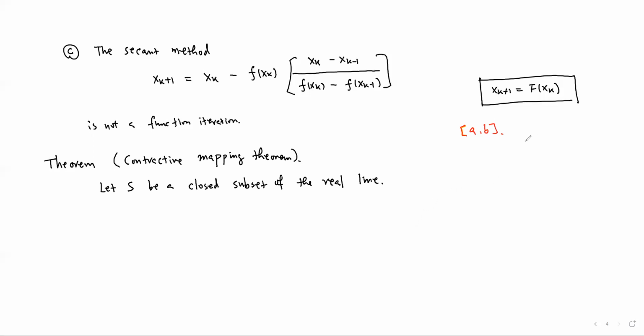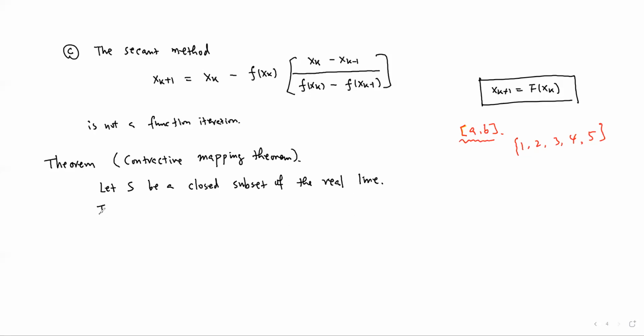In another example, say 1, 2, 3, 4, 5, these 5 numbers together, the set is a closed subset of the real line. Usually, here S means a closed interval. Let S be a closed subset of the real line.